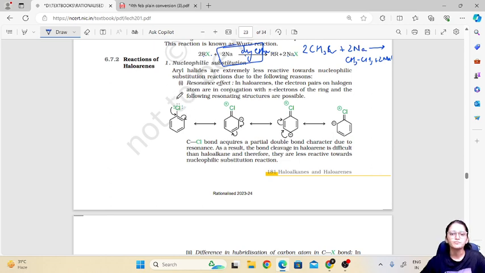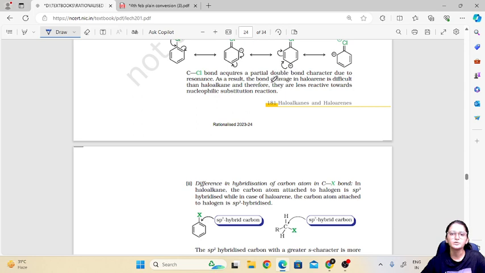Chlorine has 3 lone pairs. One of the lone pairs attacks the carbon-chlorine bond, and the next bond shifts over to the next carbon. So we get this intermediate with a positive charge on the chlorine. Then there is electron density on this carbon, so that electron shifts over to the next bond, and the next bond shifts over to the next carbon. This is how the resonance takes place.